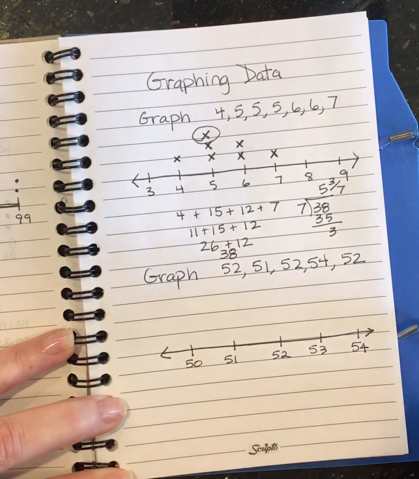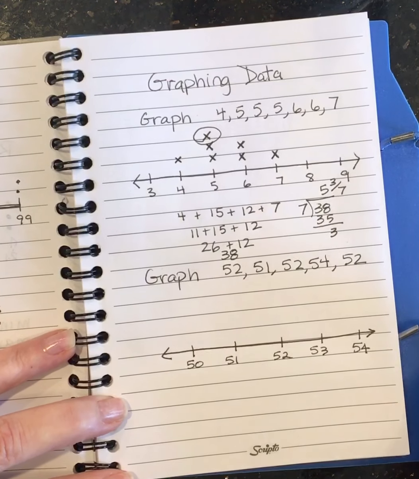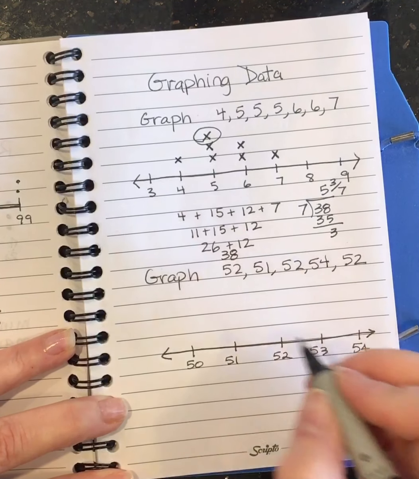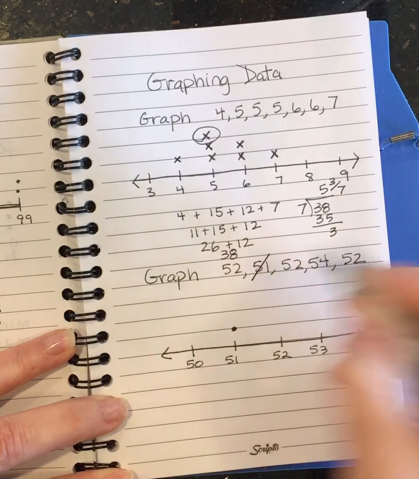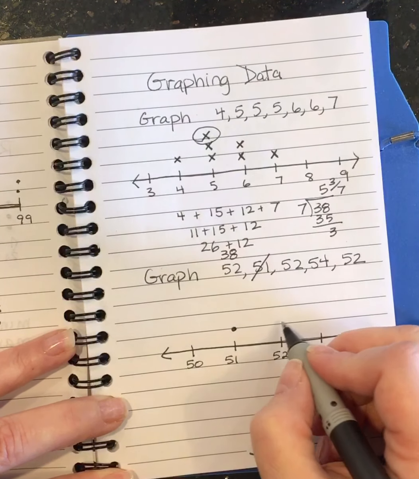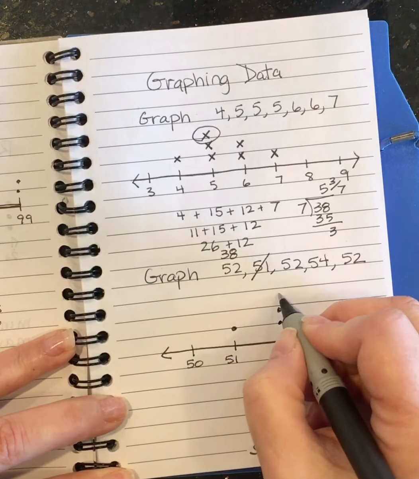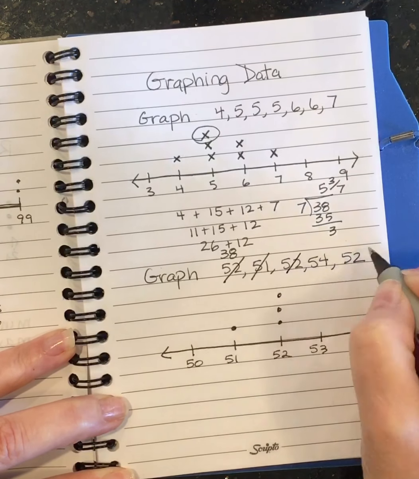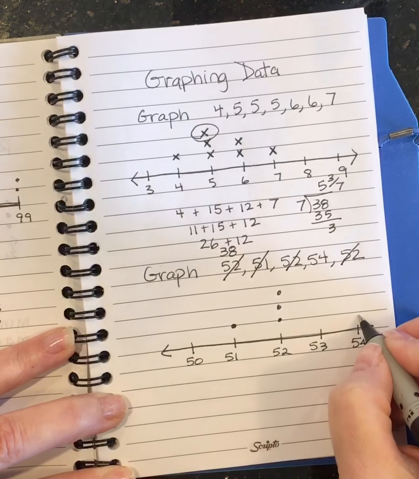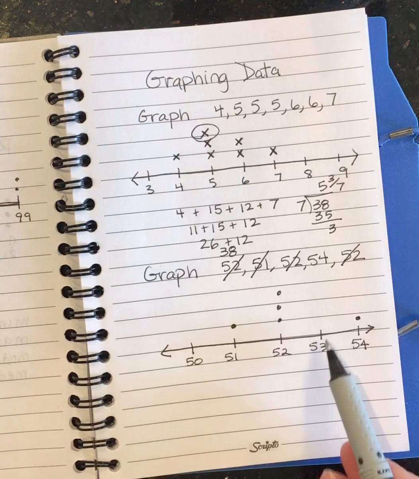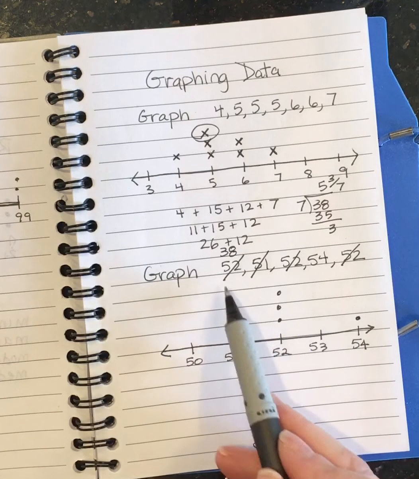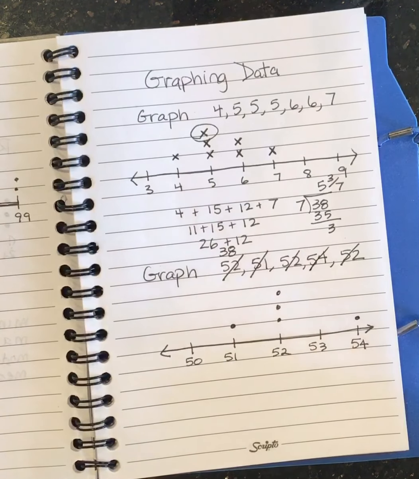This time I didn't draw it long enough, so I'm going to have to just take it that 54 is my last number. I'm going to go back to the dots, 51, I'm going to cross off. Make sure I'm not skipping any numbers. I see 52 on here 3 times, and then I have 54. Remember, blank spaces indicate that that number is not found in our data set.